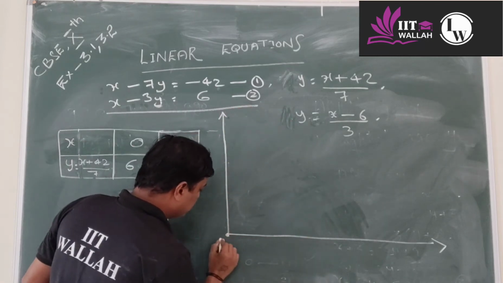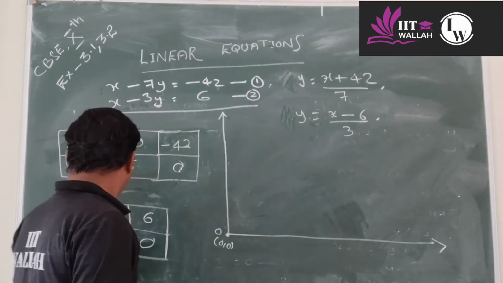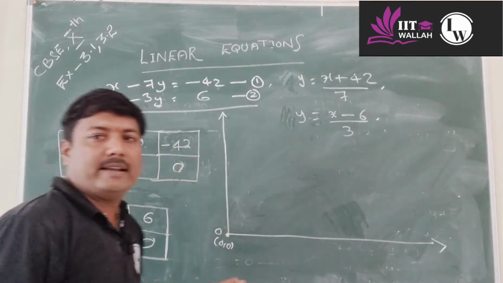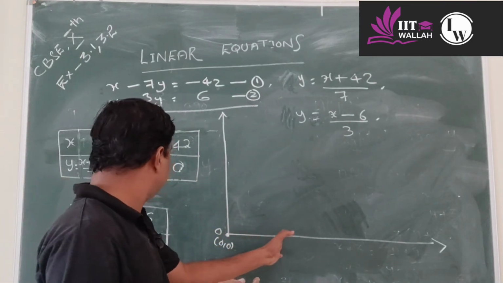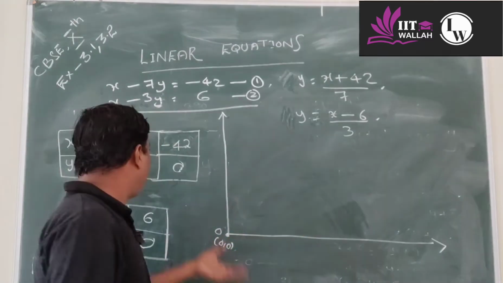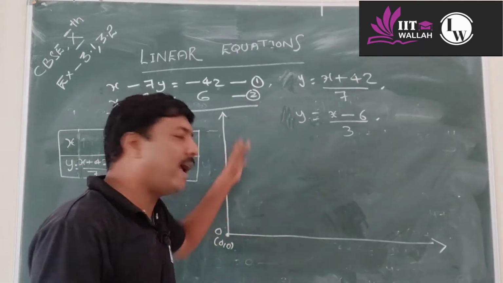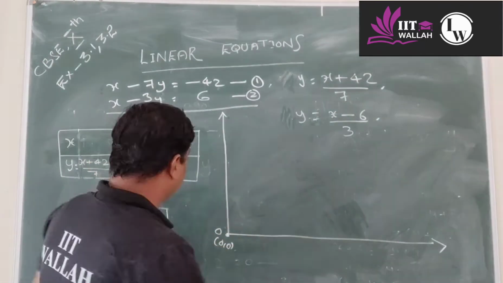This is 0. This is origin, right? Origin O. Now we have 42. So we are taking 10, 20, 30, 40 like that. That would be comfortable. According to the points, you have to scale the graph. So 5, 10, 15 like that I will take.